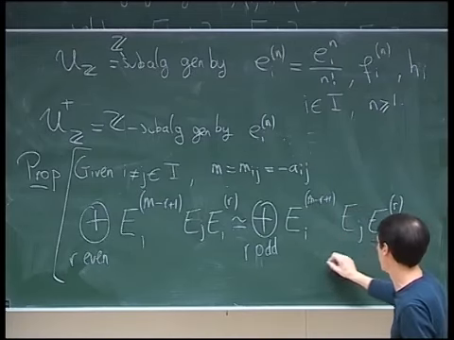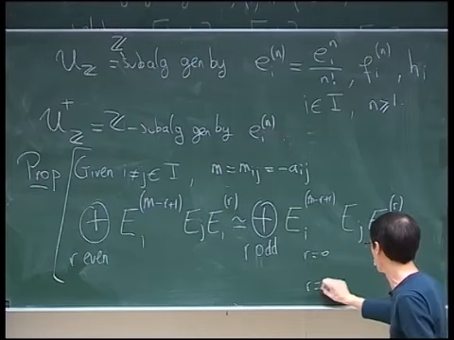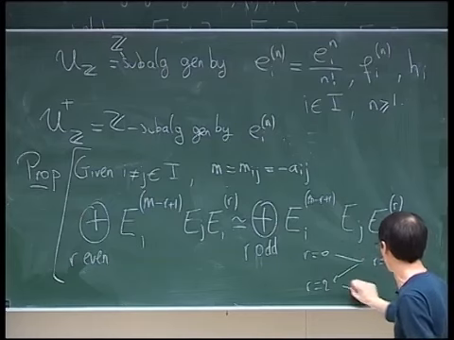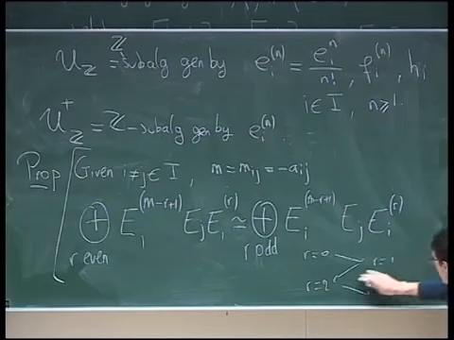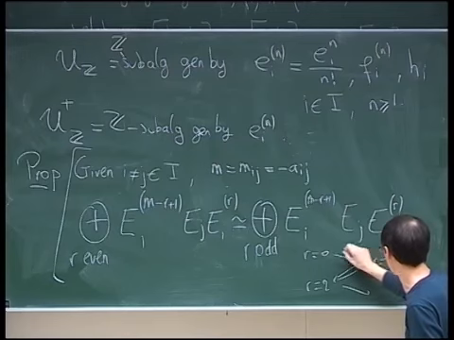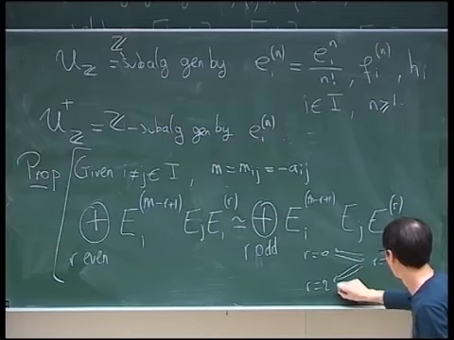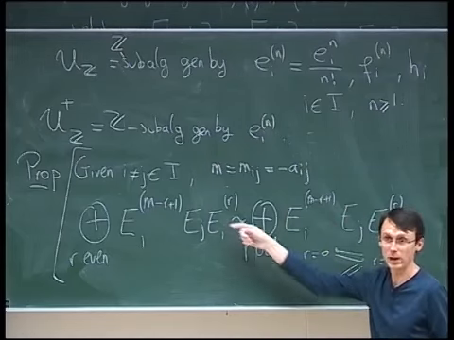You start at r equals 0, you have a term, and then r equals 1, r equals 2, and you will have maps going like that. So the direct sum here is isomorphic to the direct sum there, and there are maps going both directions: an isomorphism this way and the inverse that way.